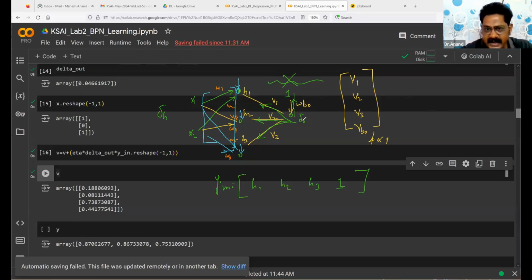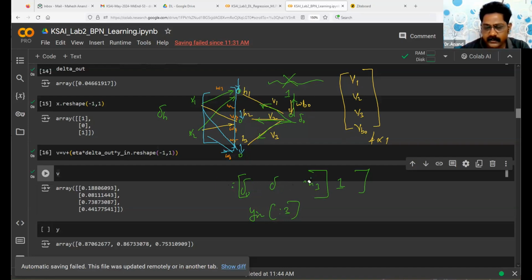So to scale this delta naught, what I do is V square bracket colon 3. What is this colon 3? The colon 3 is truncating up to this value, and then you scale this. Sorry, not with Y in, for the V matrix we are scaling with colon 3. It's not Y in.